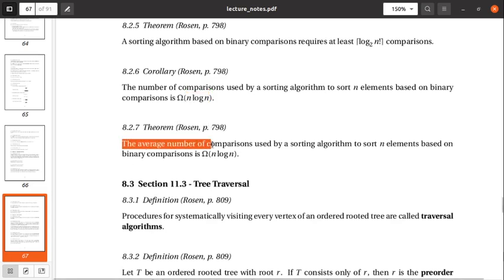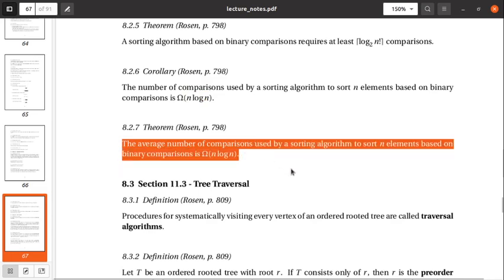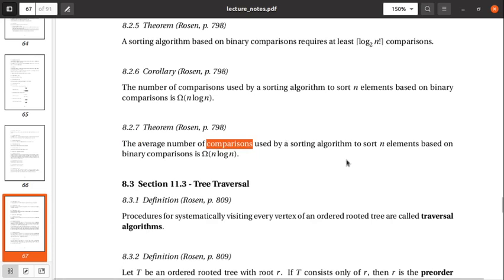Okay, so next theorem. The average number of comparisons used by a sorting algorithm to sort n elements based on binary comparisons is n log n. So it turns out that a fair representation of the runtime for such an algorithm is to just measure the number of comparisons performed. In the case of a sorting algorithm, the comparisons represent basically between half to a third of the work that's involved, right?